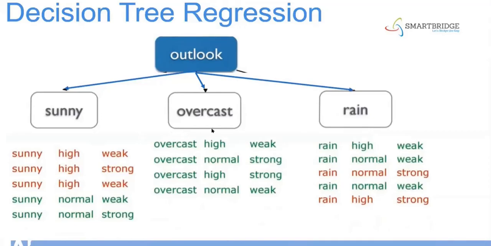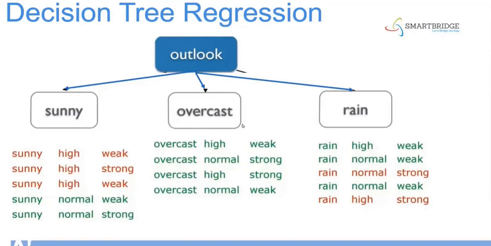All the observations of overcast will come under overcast, all the observations of sunny will come under sunny, and all the observations of rain will come under rain. Fine. So here if you see, overcast has all positive observations. So this is considered a pure subset.